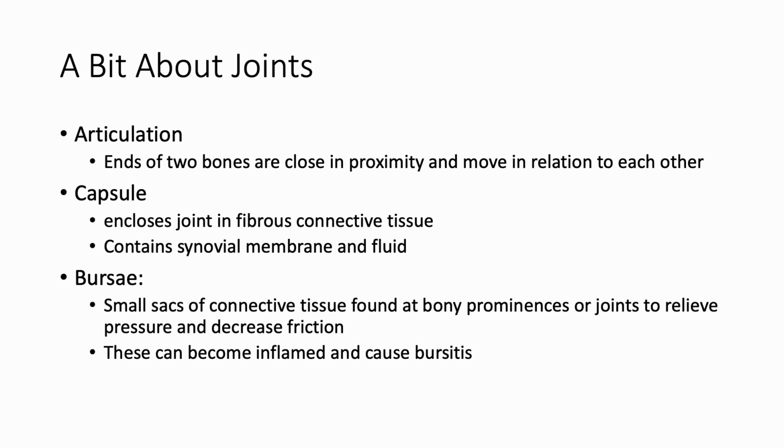There's also something called a bursa. These are small sacs of connective tissue found at bony prominences or joints to relieve the pressure and decrease friction. These can become inflamed and cause what is known as bursitis.